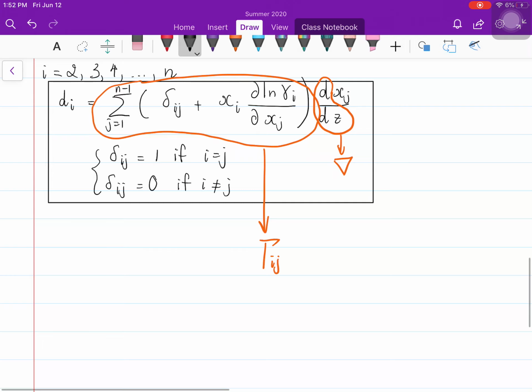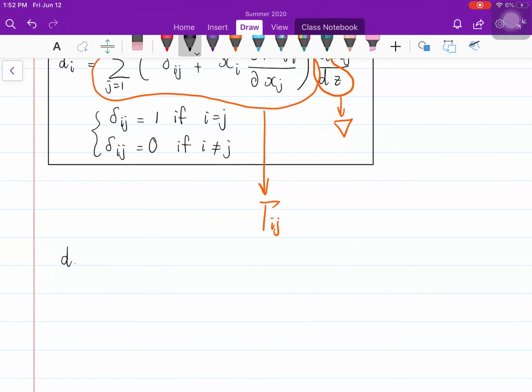So I can basically rewrite that equation as the driving force of species i equal to the thermodynamic factor matrix times the gradient of the molar fraction of species i at constant temperature and pressure.